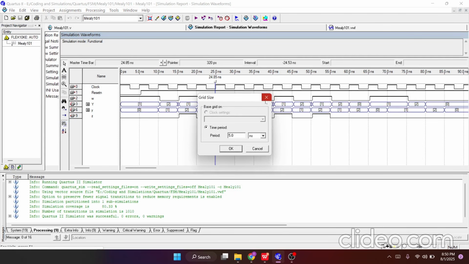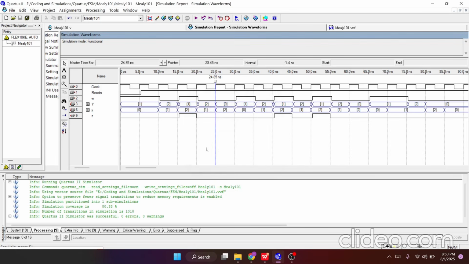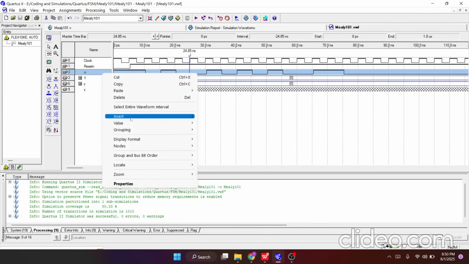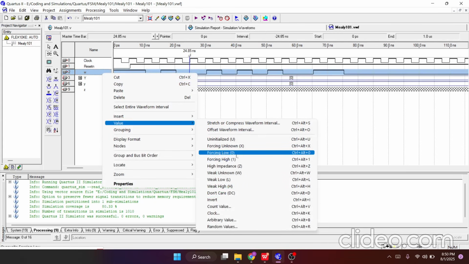If you want to change the clock cycle but still need to use the waveform editing tool, then you can use this, or you can also use another option. Let me show you this as well. Value forcing 0.